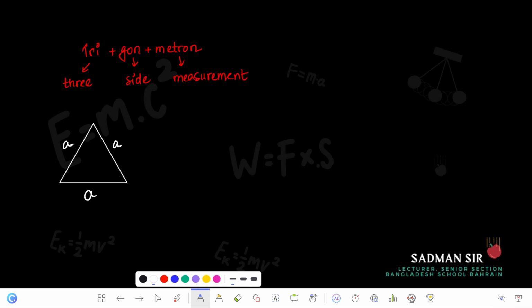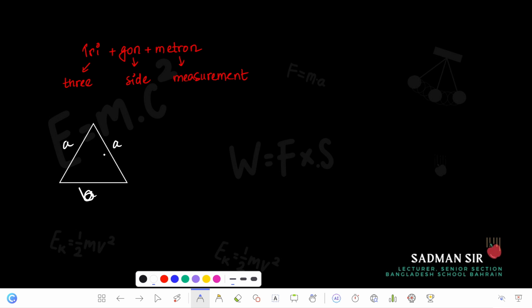Lateral means side, so equilateral means all the sides are equal. But if two of the sides are equal, a and a, and the third side b is not equal, it will be called an isosceles triangle, and we have several other triangles, such as the acute angle triangle and obtuse angle triangle.